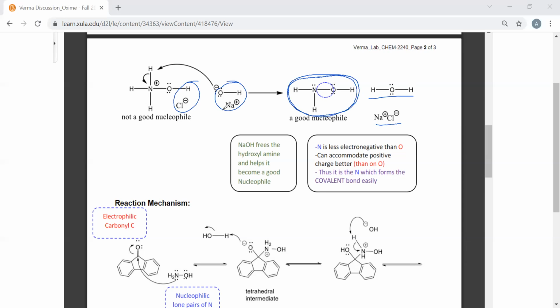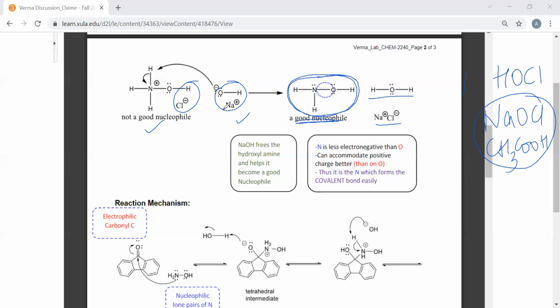If you remember oxidation, we generated in situ HOCl, which was the reactive species of your oxidation reaction when you used bleach and acetic acid. In a similar way, you are generating the hydroxylamine in situ by combining these two starting materials. So these are usually reacted in 1:1 ratio.